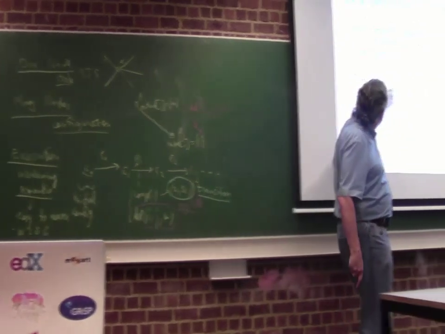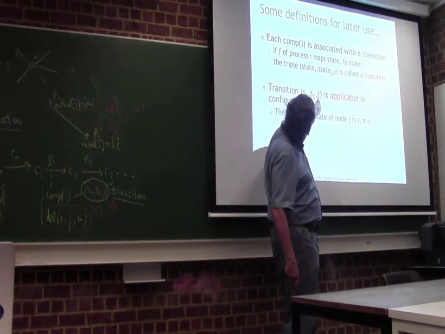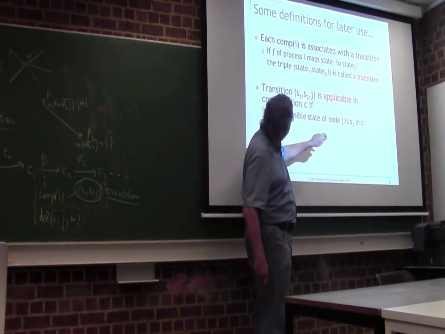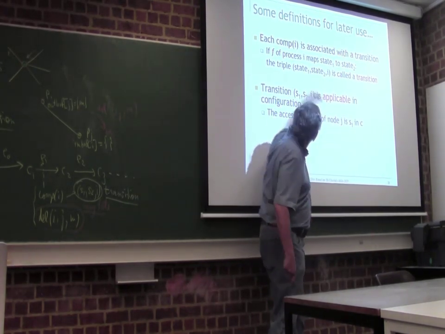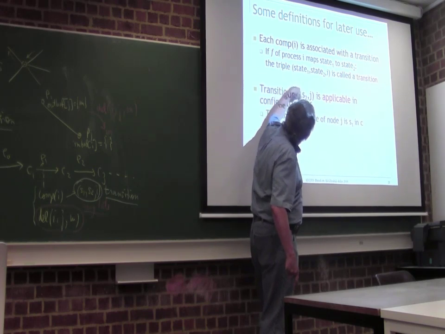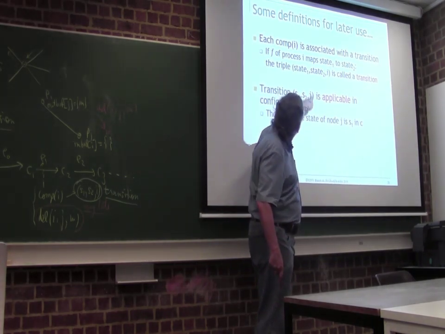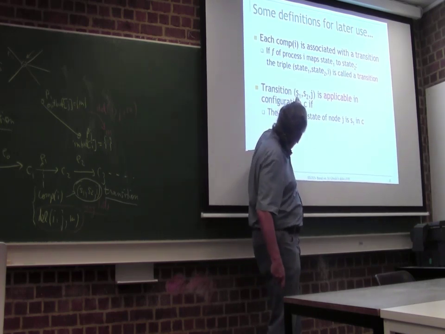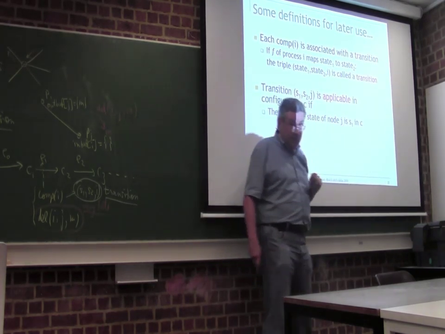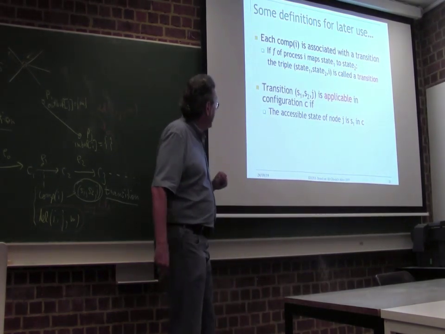So basically, with S1, S2, J here, the accessible state of node J will be S1. Okay? So if we apply this transition in a configuration, it means that S1 is actually what is sitting in node J.